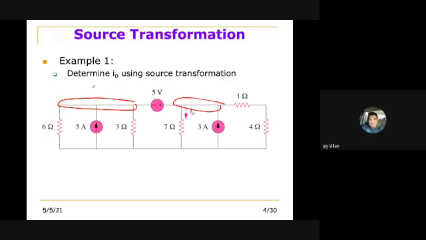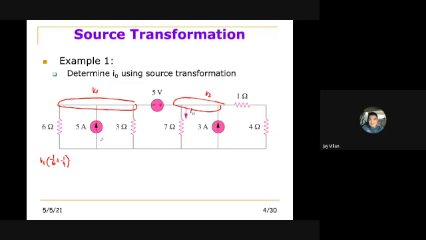So if this is V1 and this here is V2, then V1 times 1 over 6 plus 1 over 3. No resistors are connected in adjacent non-reference node.